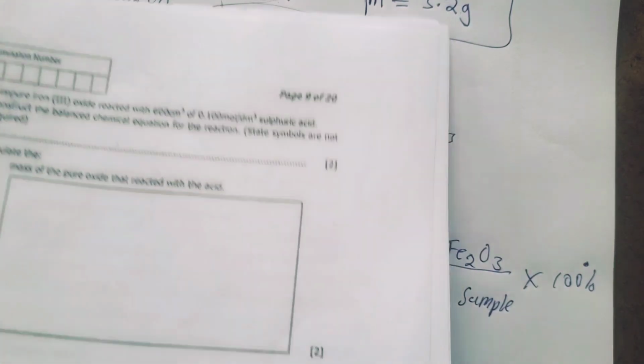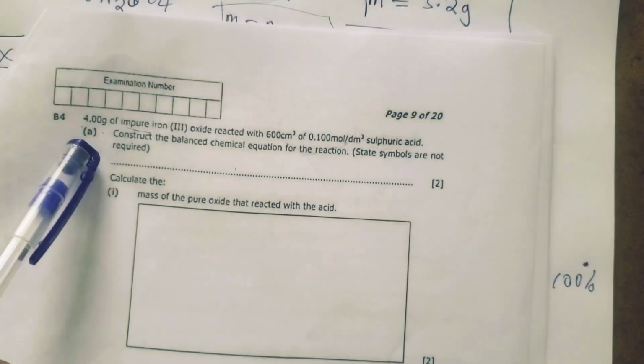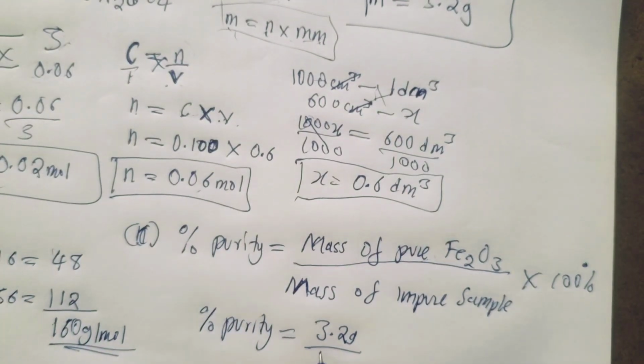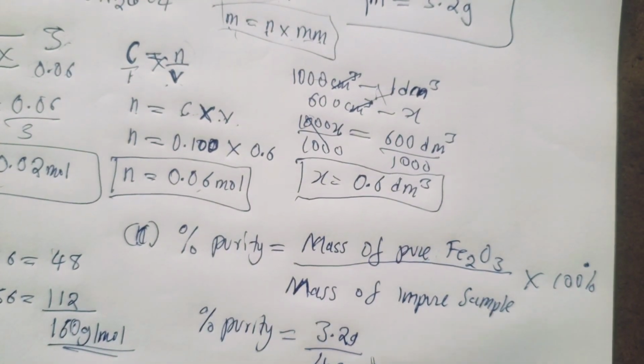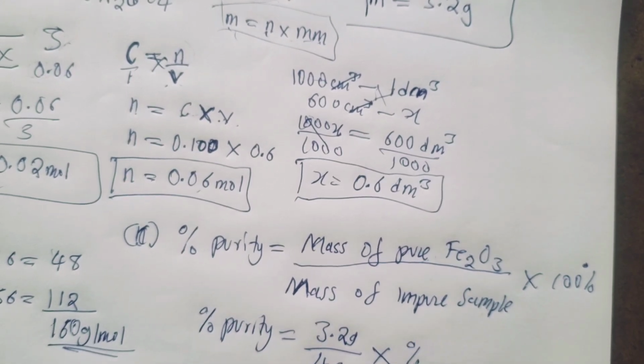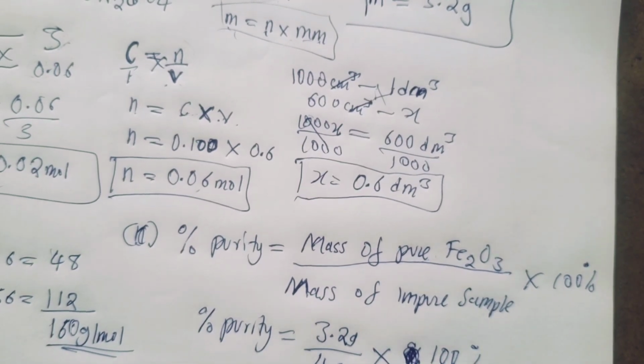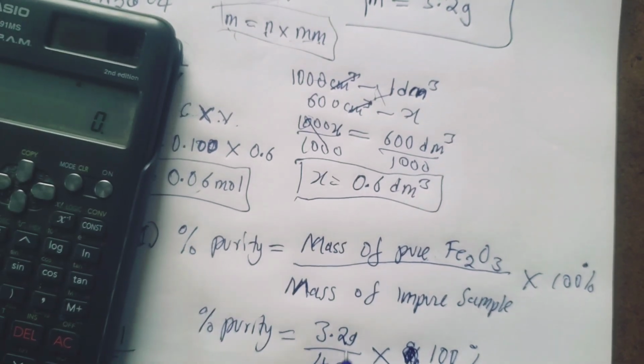That's the one you use, multiplied by 100%. The grams cancel.